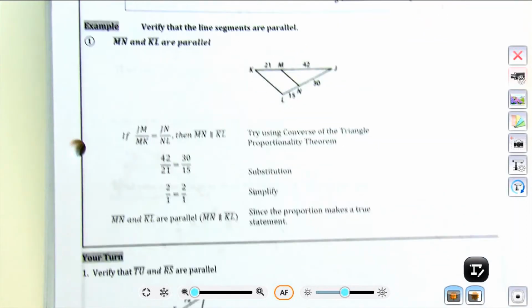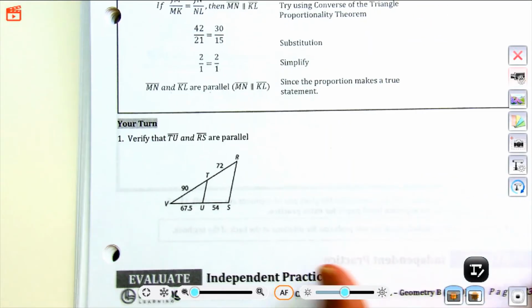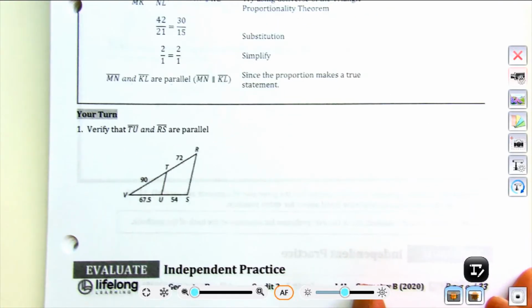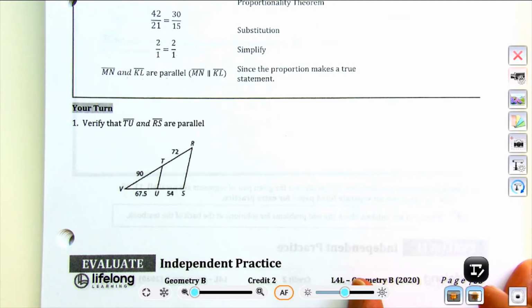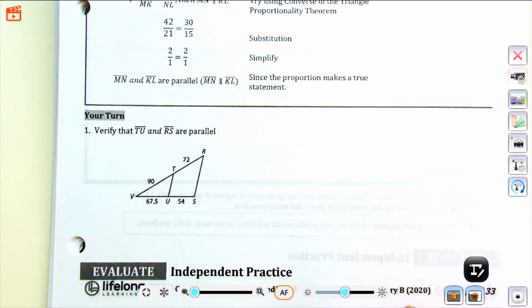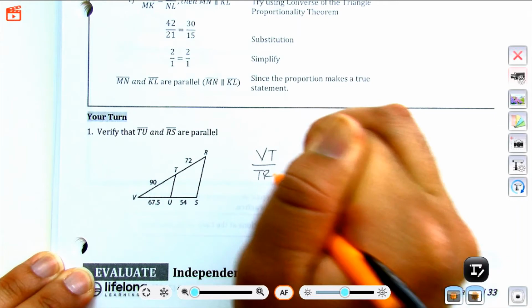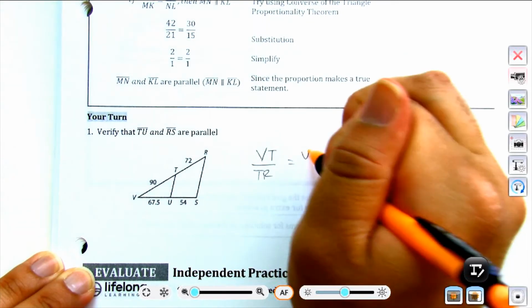Okay, so in our next example, again, you choose however you want to create your proportion. So I'm just going to call this one VT over TR is equal to VU over US.